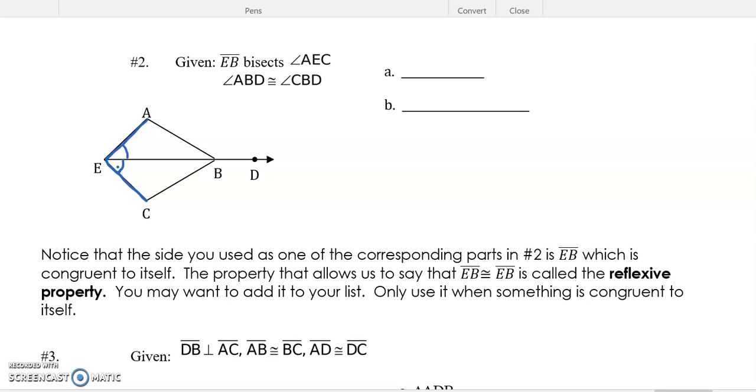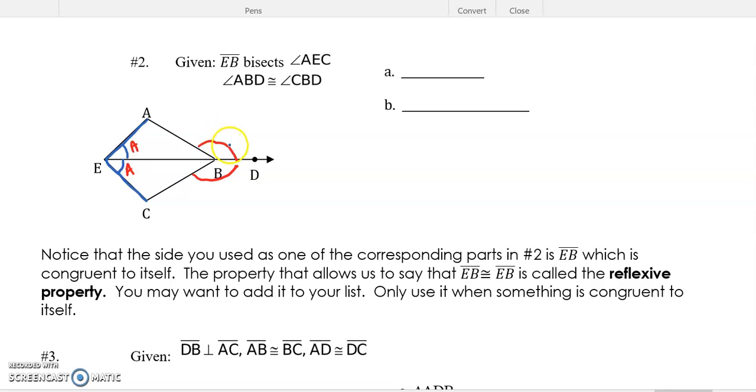I'm also given that angle ABD, this outside angle, an exterior angle, is congruent to CBD. Well, that's not a lot of information. If I'm looking at my two triangles, so far I only have one pair of angles, angle and angle.